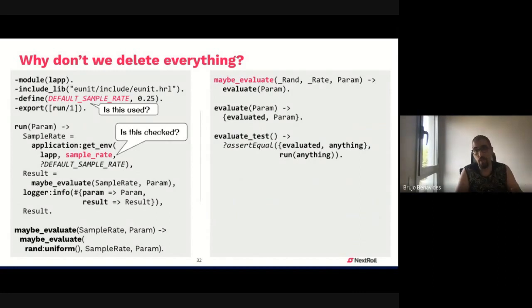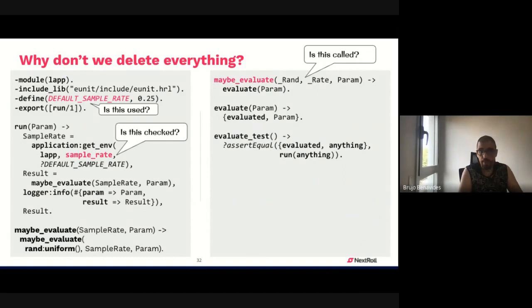That may work, but what if some place uses application:get_all_env and then uses the macro somewhere? It's not that simple, even using your best developer eyes. And this function here that has two unused arguments, it's fine because it's private. But what if the function is an exported one with two extra arguments? Can they be safely removed? Maybe it's a callback. Maybe it's a nif stub. So it's not that simple.